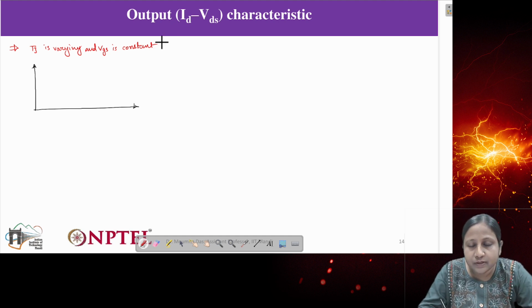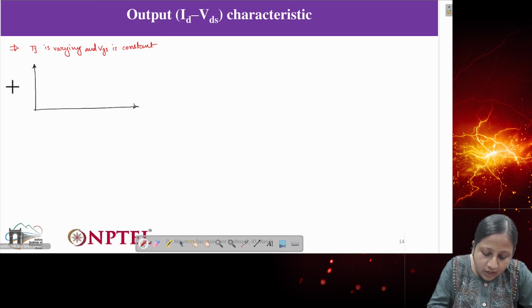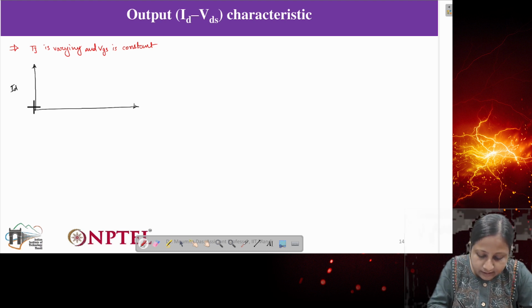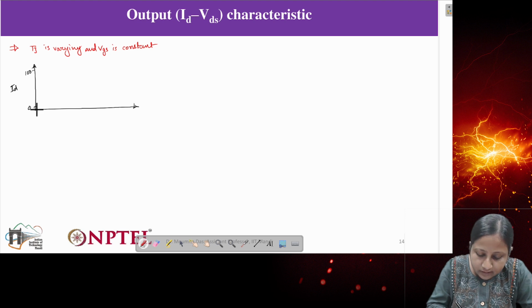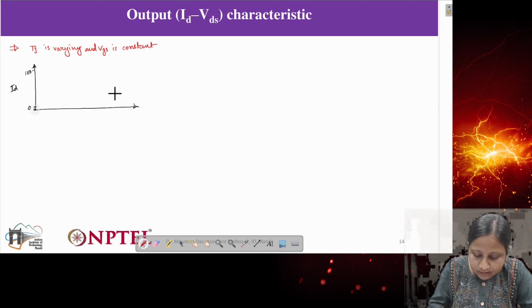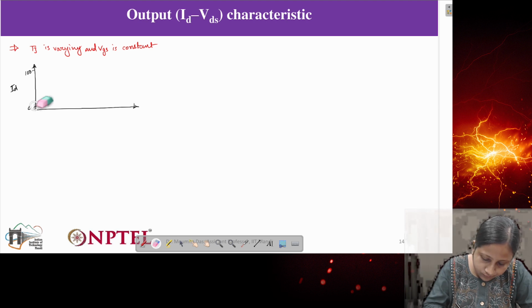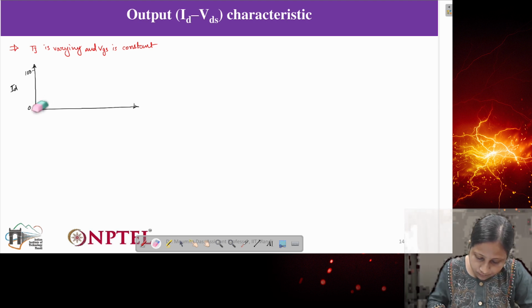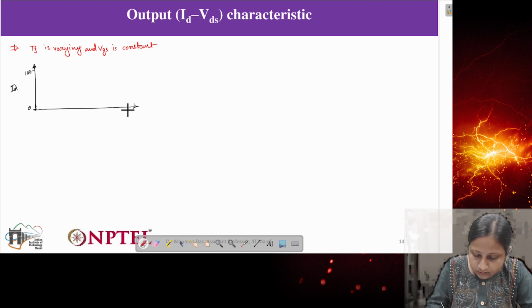In this case VGS is positive. Now ID is varying, let's say from 0 to 100, for a similar device as the previous one. VDS is also varying, up to 1000 volts.